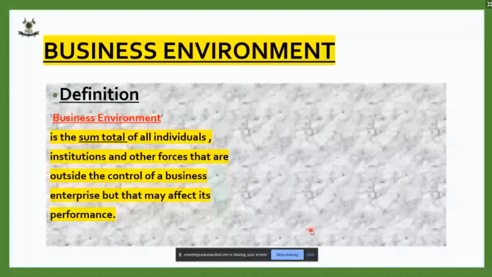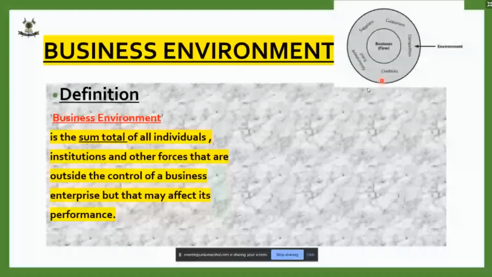A diagram was shown to you. This is the firm, and anything which is outside the firm, anything for that matter, will be termed as environment. We had also explained why we have taken these two diagrams: one constitutes the direct impact they are going to have, and the other shows the general factors which are going to have an impact on the business directly or indirectly.